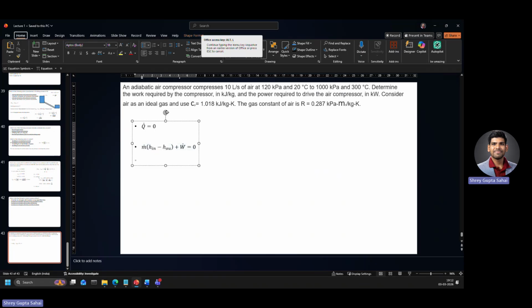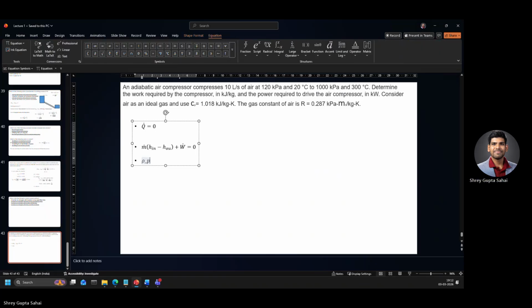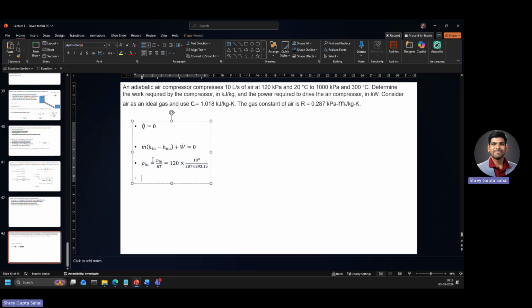So now, first of all, let's calculate rho in, which is P in by RT. So this is 120 into R, which is 0.287 or 287 pascals, and then T is 20 degrees Celsius, which is like 293.15. So this is your rho in. What will be your m dot?